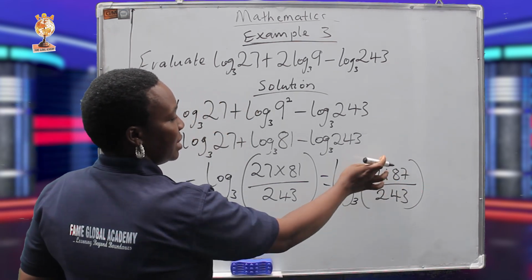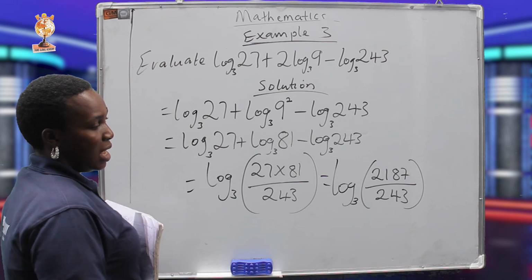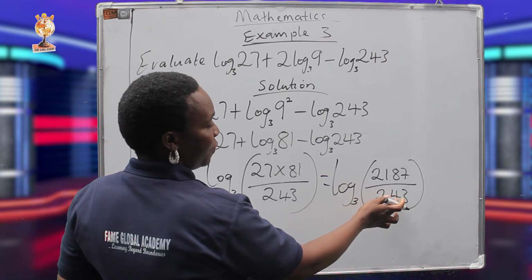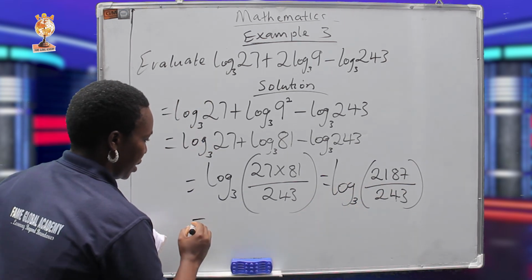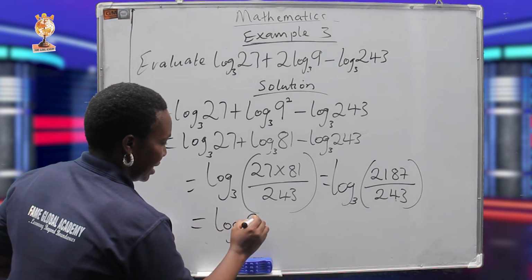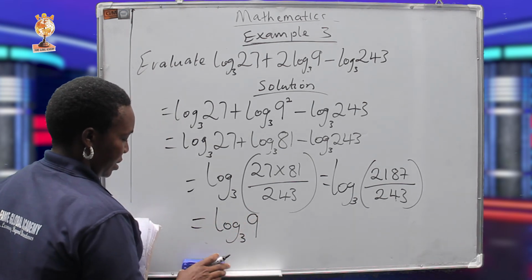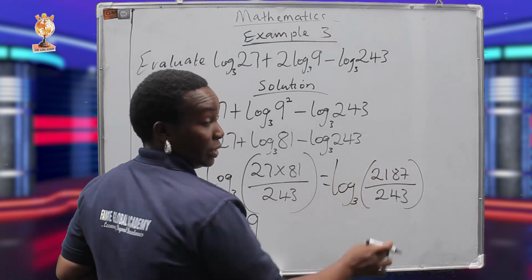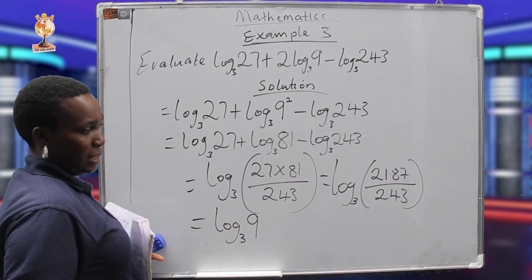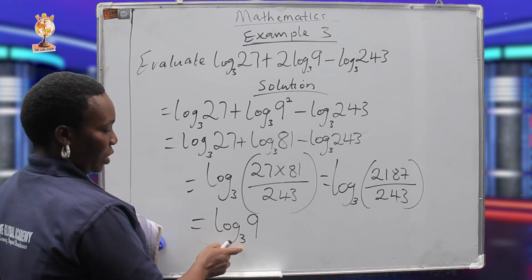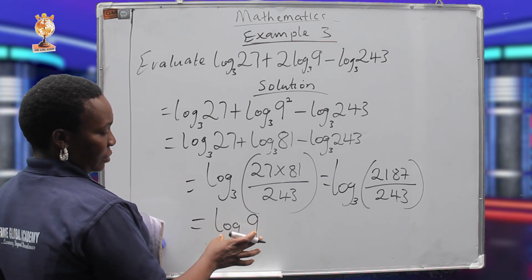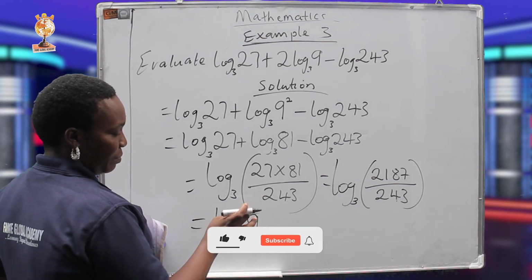Now when you divide 2,187 by 243, you are going to have log of what? 9 base 3. Yes. When you divide this using your calculator, you will have 9. So what we have now is log 9 base 3.